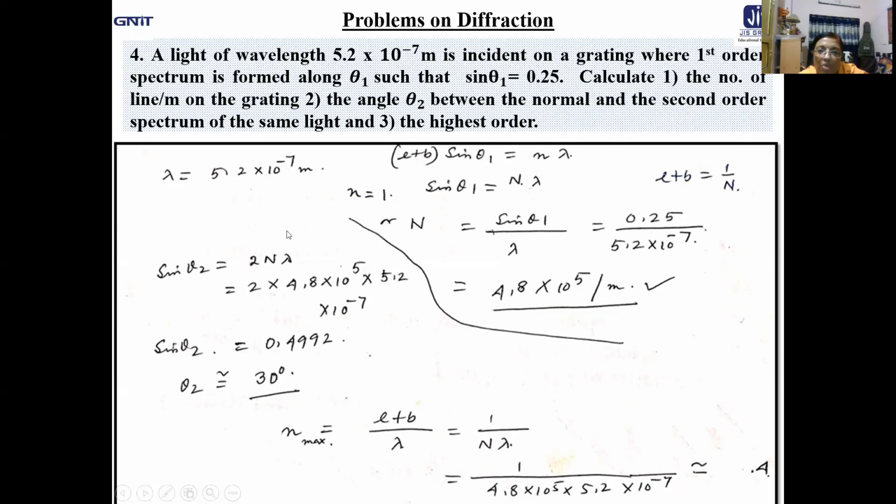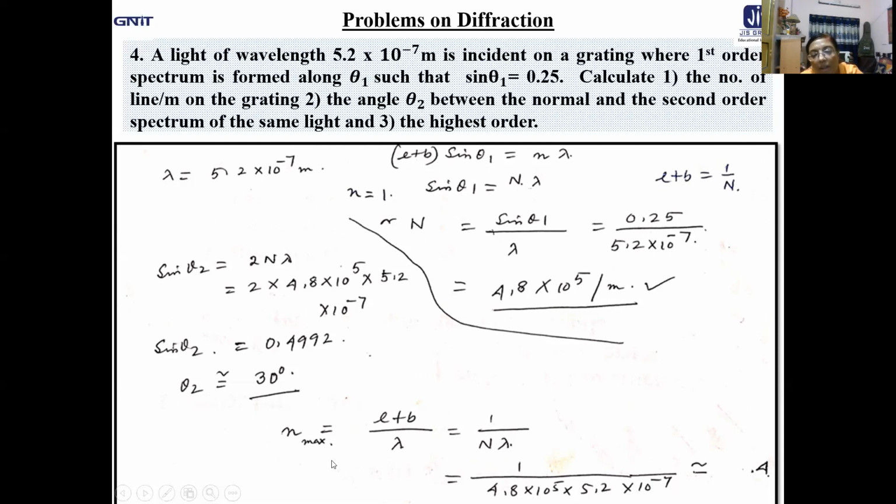Next is the angle theta 2 between the normal and the second order. So the same formula you will use. Only small n will be replaced by 2. So it will be 2 lambda into N, that is equal to sine theta 2. Now N is known to you, and lambda is already given. So you can find out the value of theta 2 very easily using the same formula. Next one, the highest order, that means n maximum.